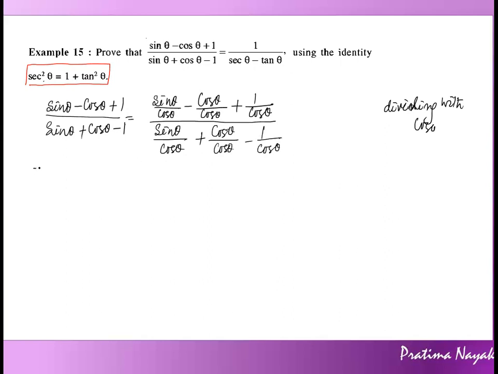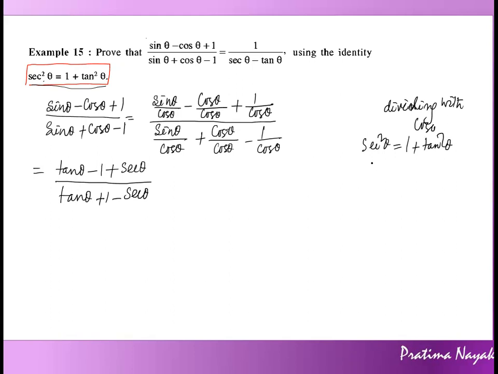So let us see what we are getting. We are getting tan theta, minus 1, plus sec theta. And here I am getting tan theta plus 1 minus sec theta. Now you have to apply the identity: sec square theta is equal to 1 plus tan square theta.